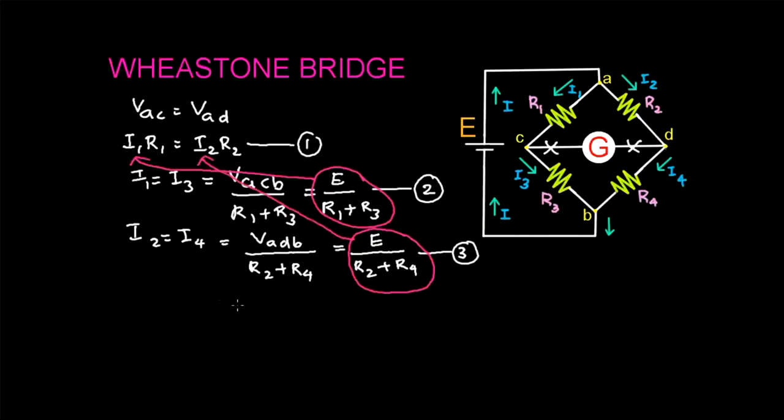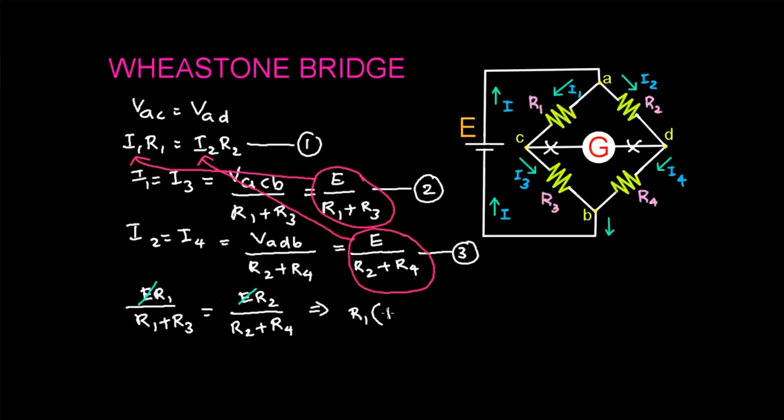We can rewrite the equation as E R1 by R1 plus R3 equal to E R2 by R2 plus R4. We can see that E is common on both sides, so we can cancel it.